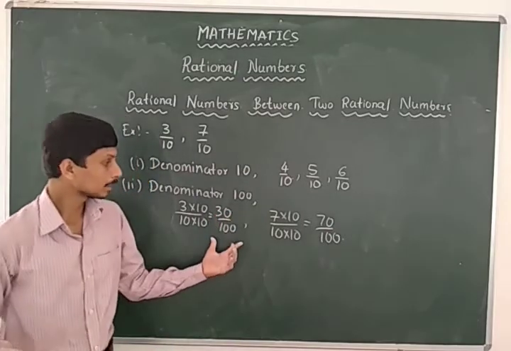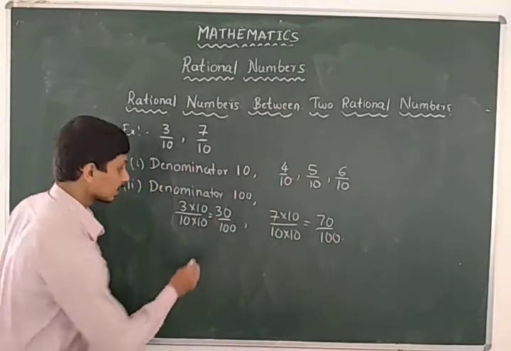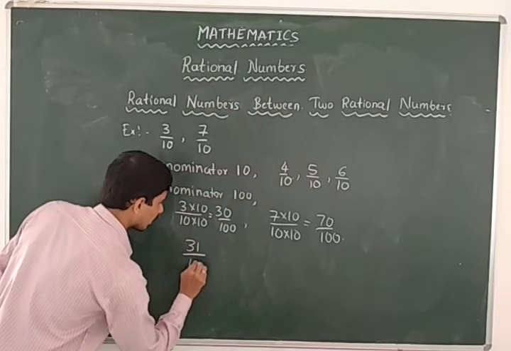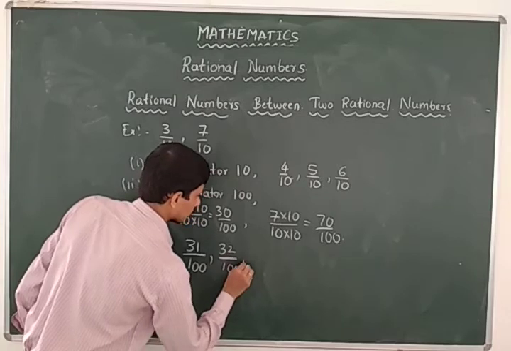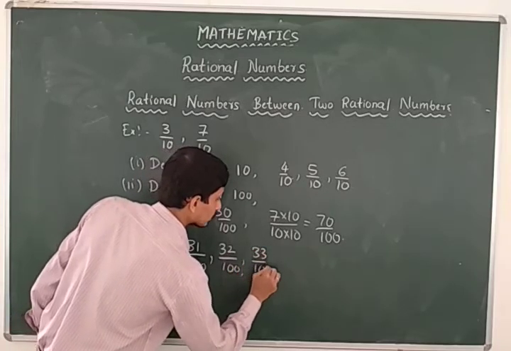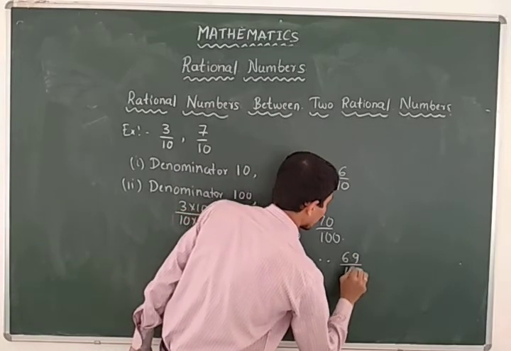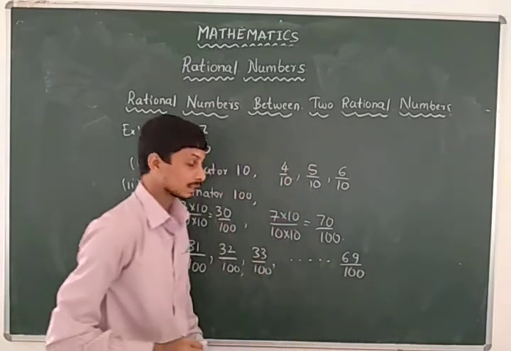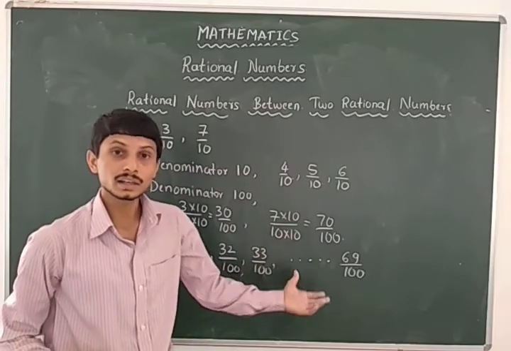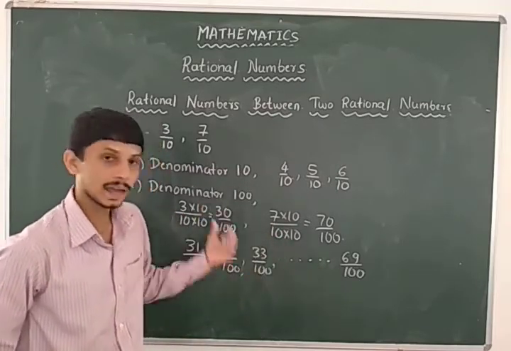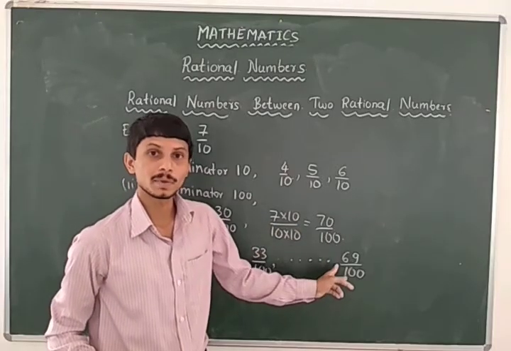So here we have 30 by 100 and 70 by 100. There are many rational numbers between them, like 31 by 100, 32 by 100, 33 by 100 and so on up to 69 by 100. So there are 39 rational numbers between 30 by 100 and 70 by 100.